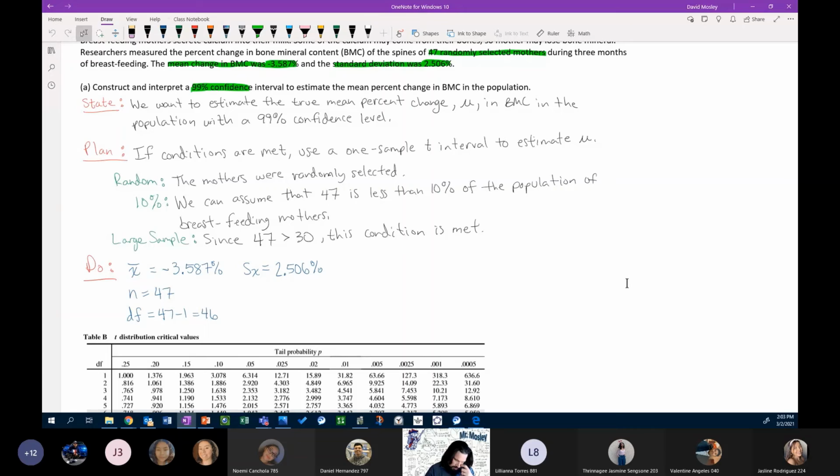And we need to find T star, and this is at a 99%. All right, so this is where we're going. We need this last piece of information using table B. So we're going to look at table B here.